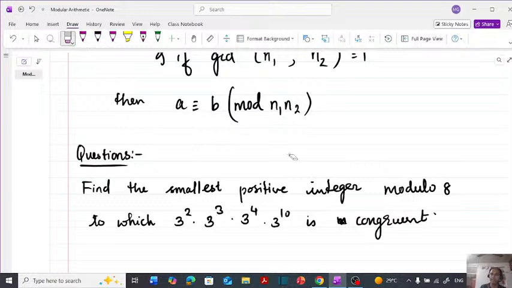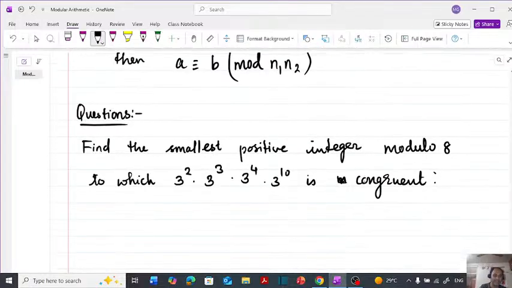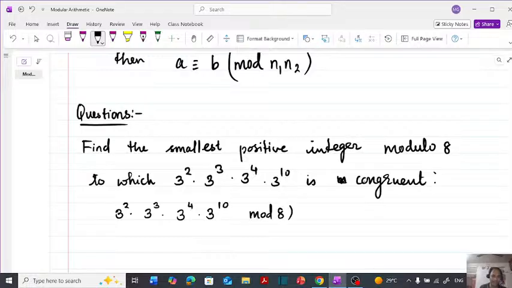So how do we get this? Again, it's going to be very easy. We don't have to worry at all. So the number we have to multiply is 3 squared, 3 cube, 3 raised to 4 and 3 raised to 10 modulo 8 they are asking, right?